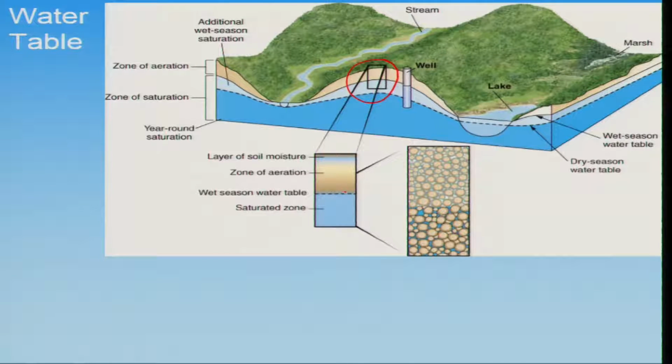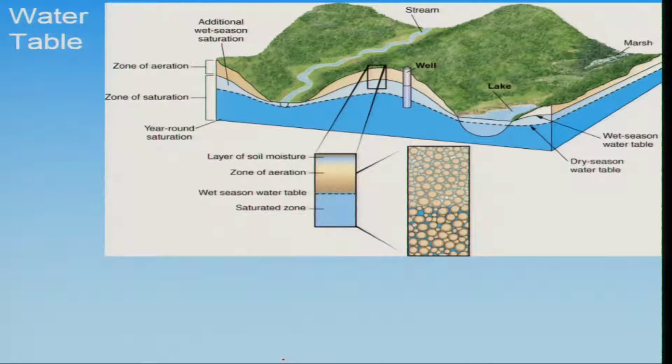This water table keeps on fluctuating. Sometimes during heavy rain, if the percolation or the recharge is good, the water table may go up. That means it will occupy space in the zone of aeration, and that is what we call fluctuation in the groundwater table, usually seen after heavy rains.